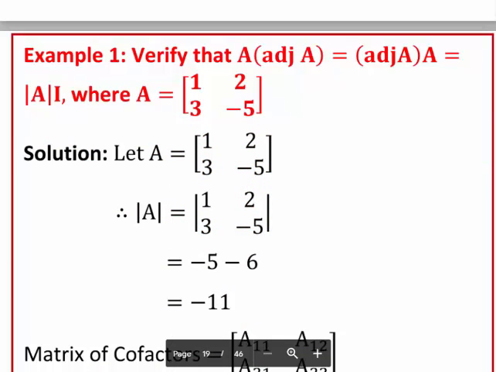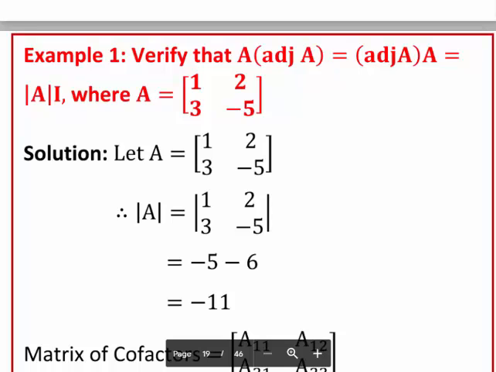Now again let us go through some examples. Our main result is that A into adjoint of A equals adjoint of A into A, which is always equal to determinant of A into I, where I is the identity matrix.